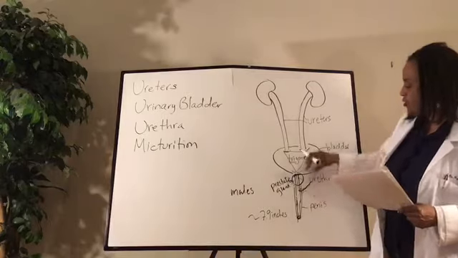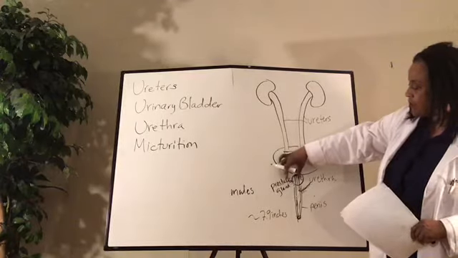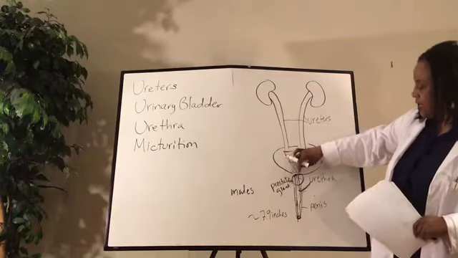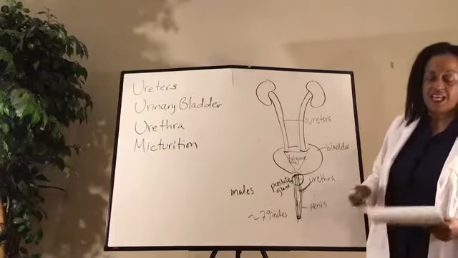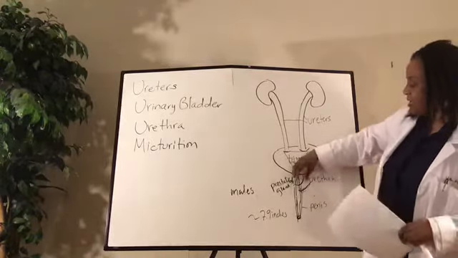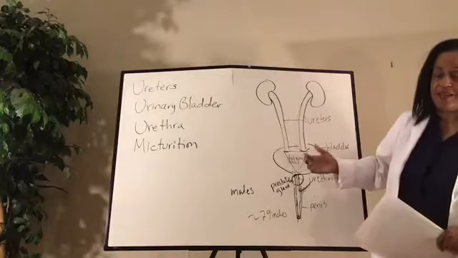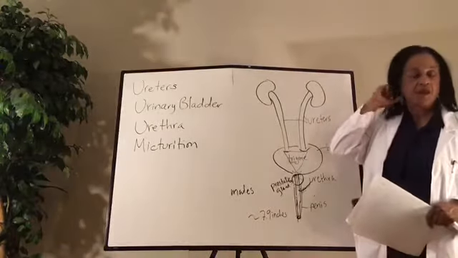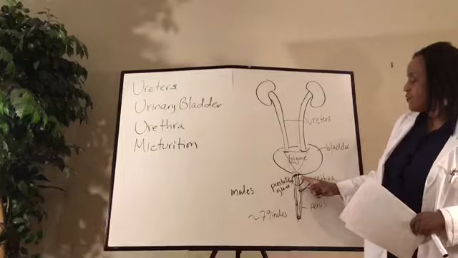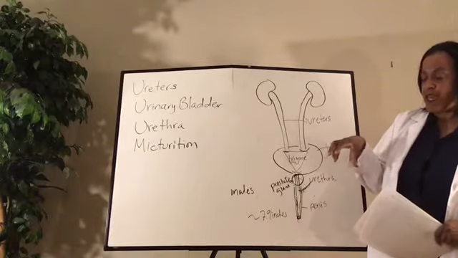I want you to know the importance of this urethra going through the prostate gland: when the prostate gland, like a lot of glands, changes over time, especially as you get older, it can hypertrophy.